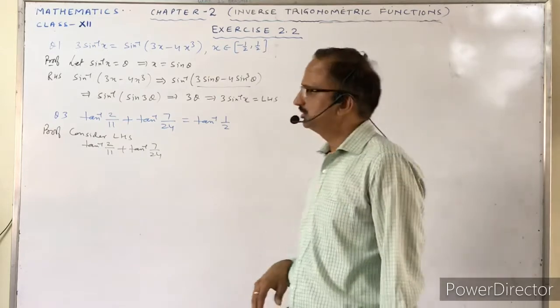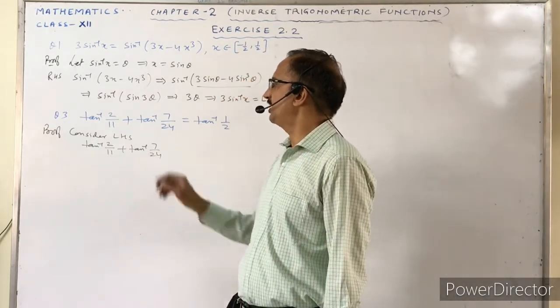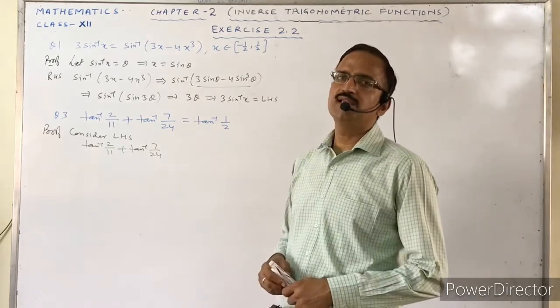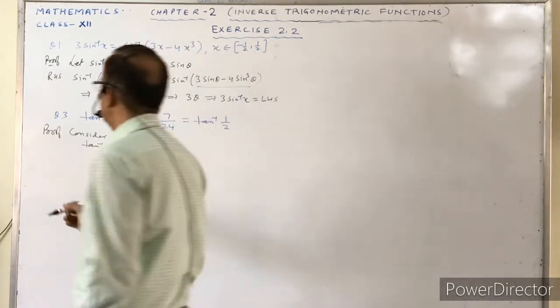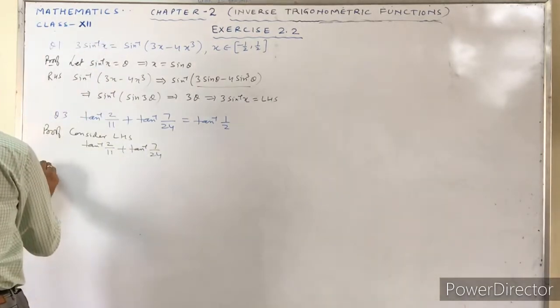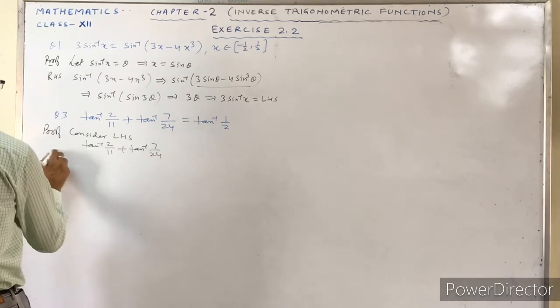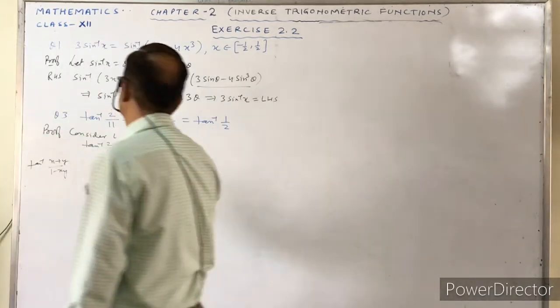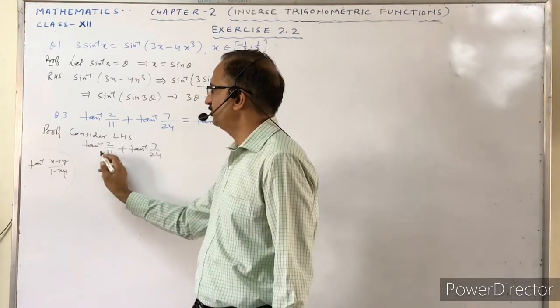So we can use the formula that tan inverse x plus tan inverse y equals to tan inverse x plus y upon 1 minus xy. This formula, tan inverse x plus y upon 1 minus xy, we will use here. So what is x? X is 2 by 11.